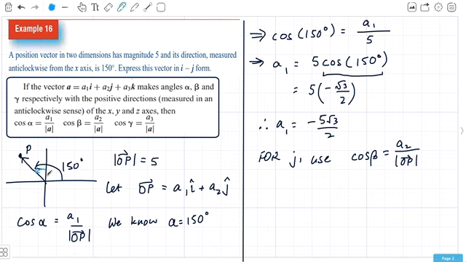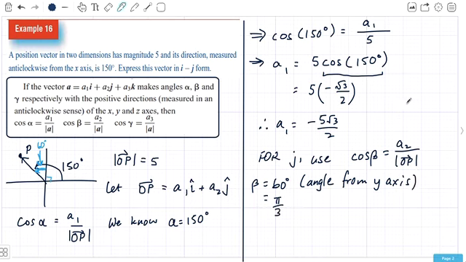This angle is 90 degrees, so this angle in here, I'll do in blue, would be 90 taken away from 150, so that would be 60 degrees as the angle from the y-axis. So beta equals 60 degrees, and 60 degrees is pi on 3.